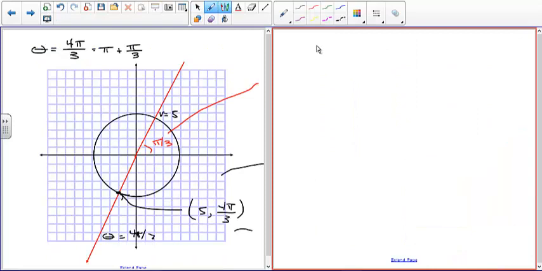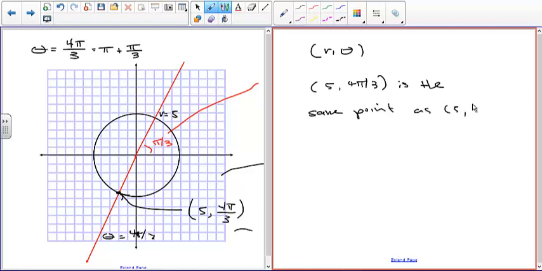So what I can say is that in terms of r and theta, the coordinate pair of 5 comma 4 pi over 3 is the same point as 5 comma, what would it be?